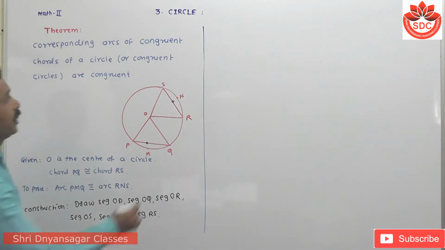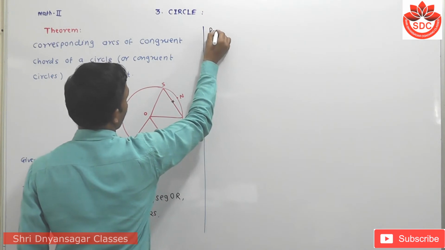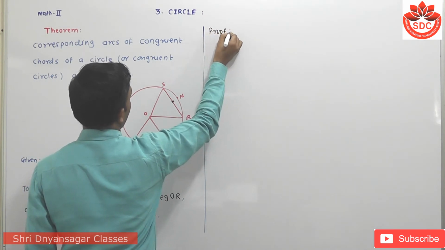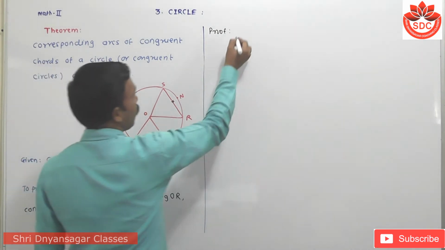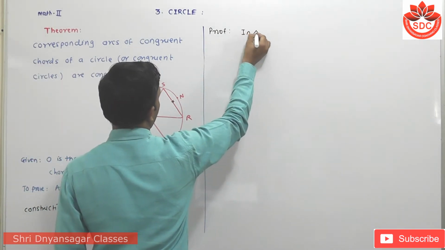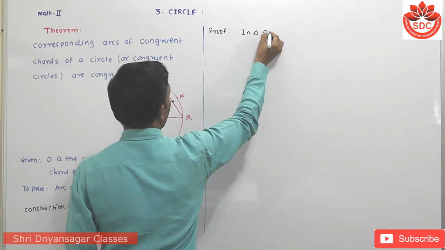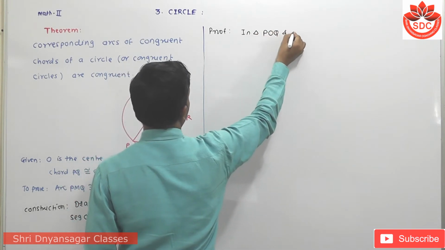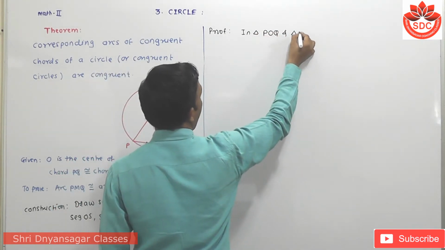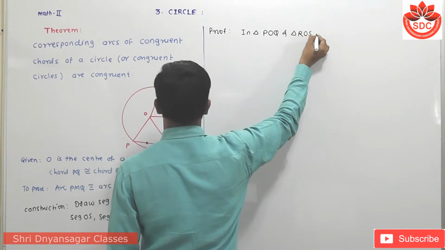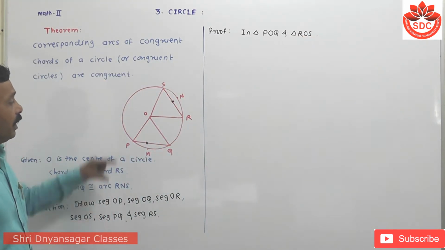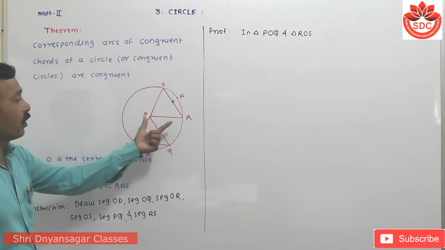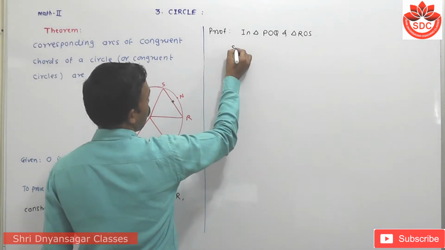Now student, its proof is: now there are two triangles here. Which ones? In triangle POQ and another triangle ROS. Now here OP is congruent with OR.